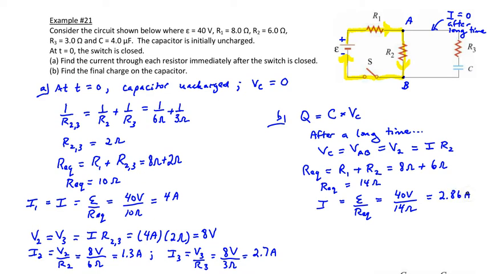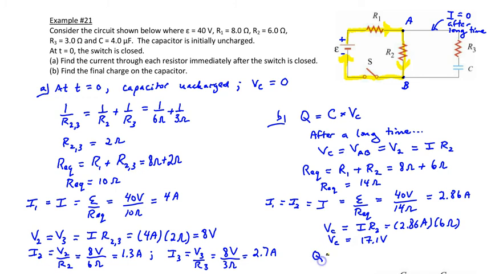Now that you know the current that goes through the whole circuit, that's the same current through I2 and also I1. And so we now can find the voltage across the capacitor because we now know the total current and resistance 2. That's going to be 2.86 amps multiplied by resistance 2, which is 6 ohms. So this tells you that the voltage of the capacitor is now 17.1 volts.